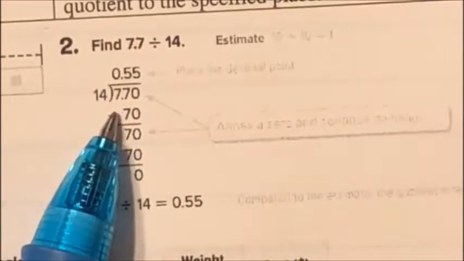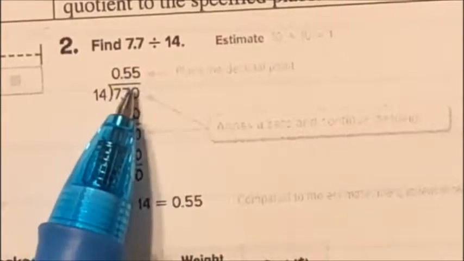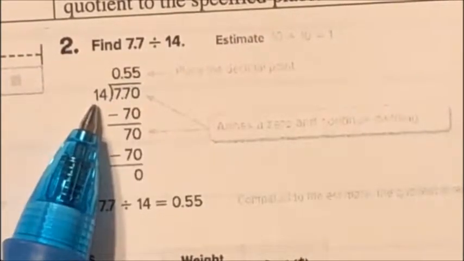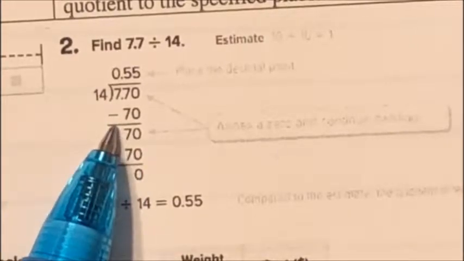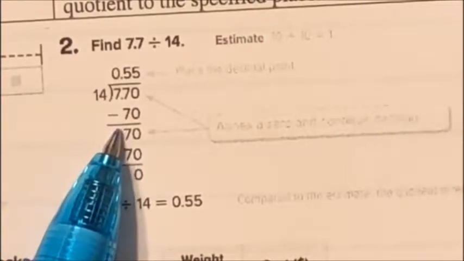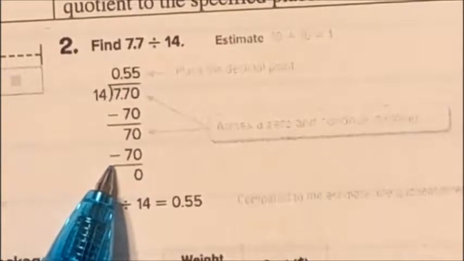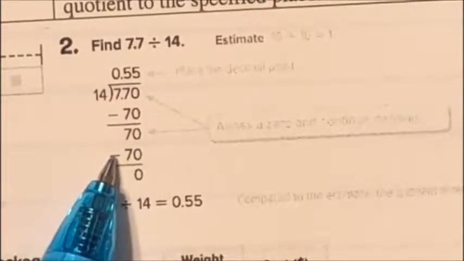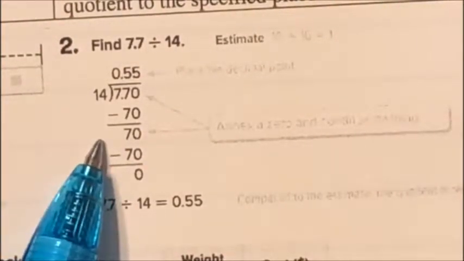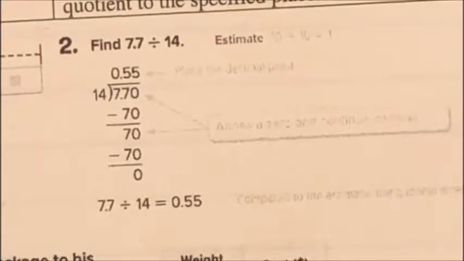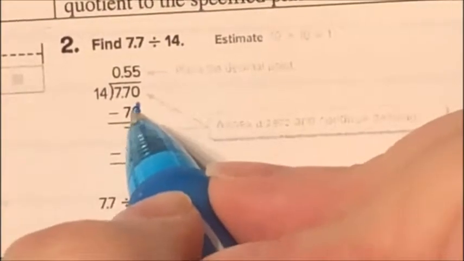But 14 can go into 77 5 times. 5 times 14 gives me 70, and I subtract. 77 minus 70 gives me 7, and I bring down my 0.